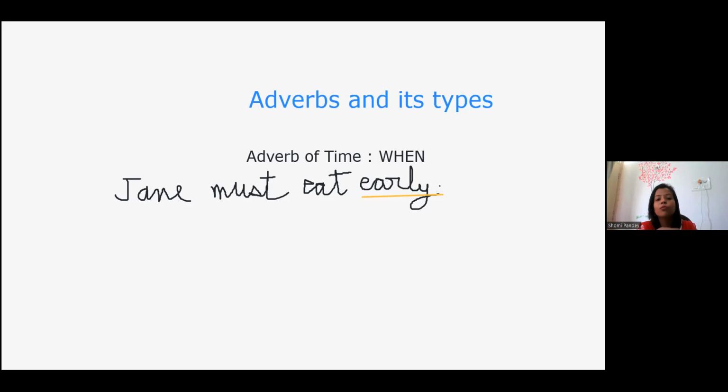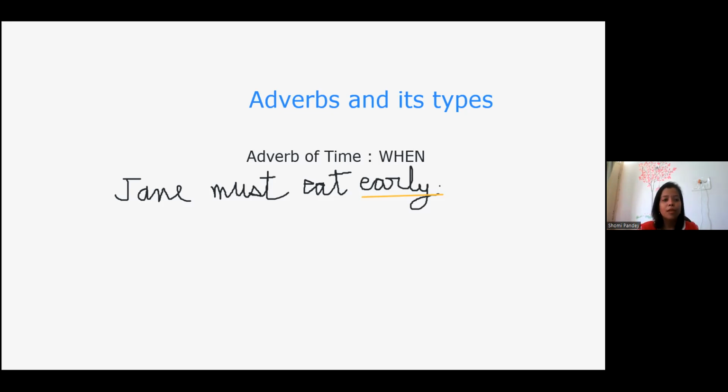Was it morning? Was it evening? Was it quite early? Was it late? Anything which denotes time and modifies the verb is an adverb, because an adverb is the word which talks more about the verb.